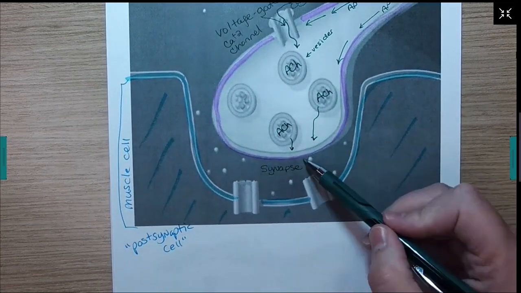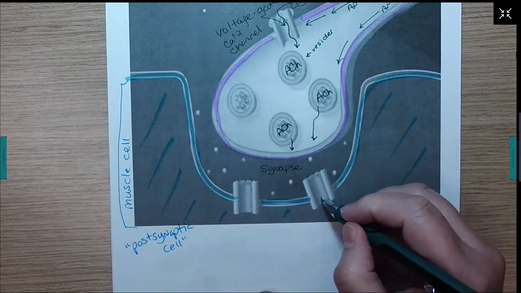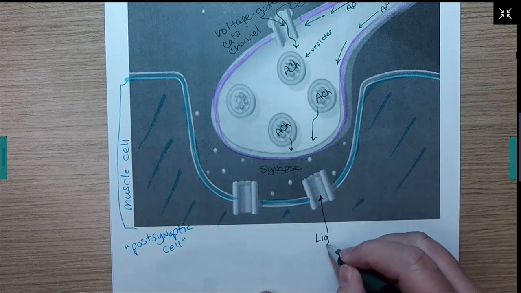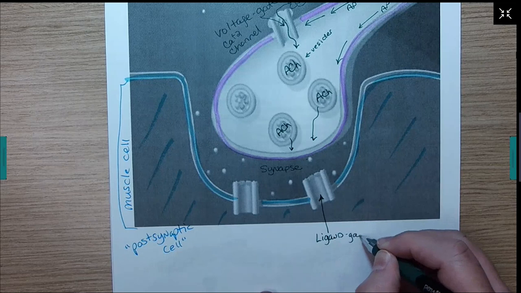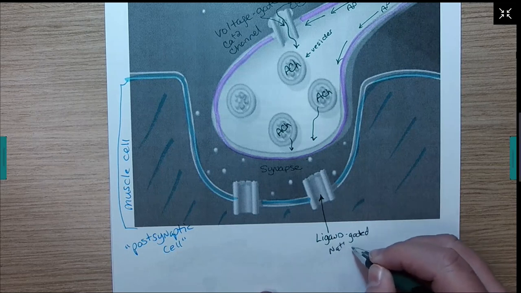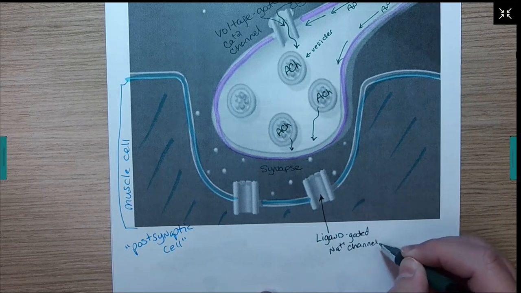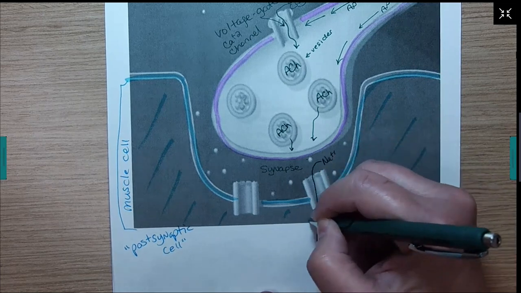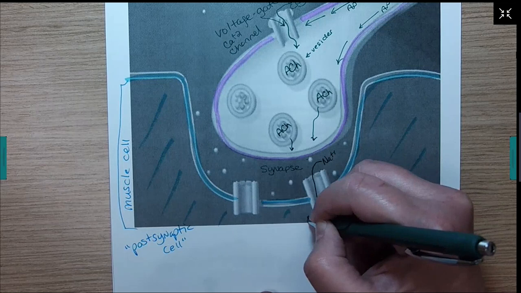The acetylcholine is going to cross the synapse, and it's going to bind to this protein right here, which is the ligand-gated sodium ion channel. And it's going to allow sodium ions into the muscle cell.